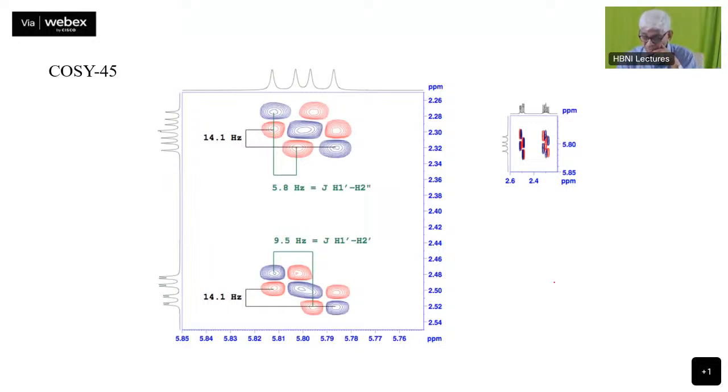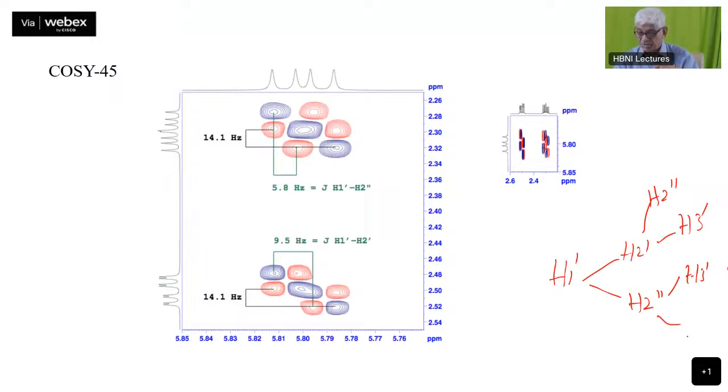So far as the H1' is concerned, H1' has H2' and H2''. Now this one has a coupling to H3' and to H2''. This one has, of course, a coupling to the H3' and H2'.